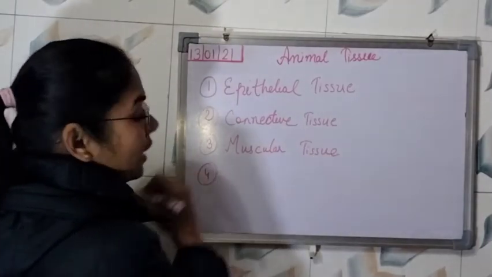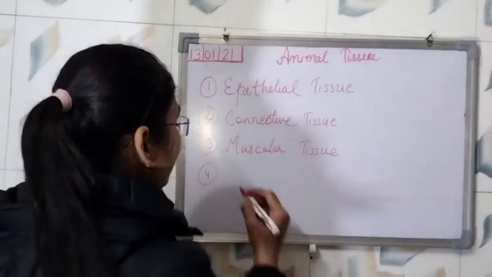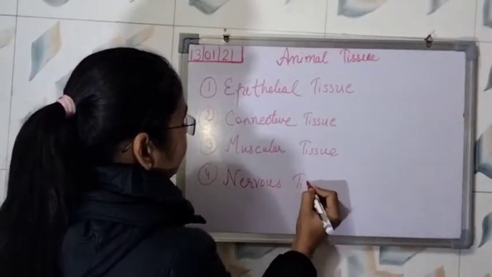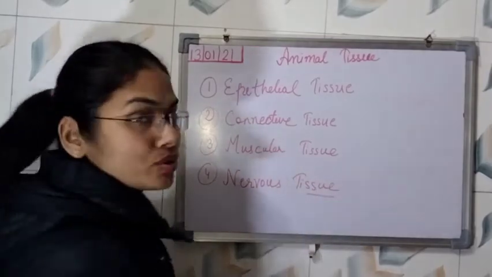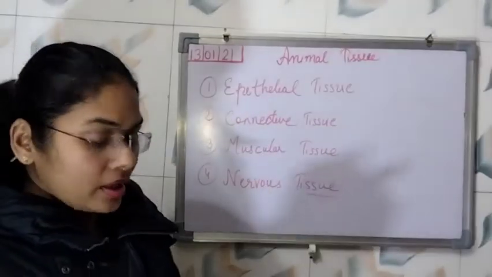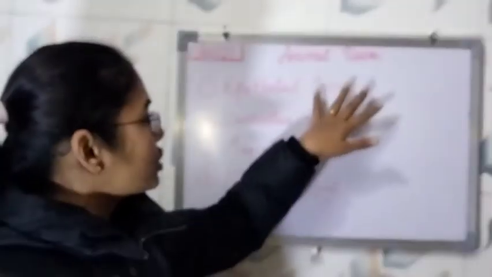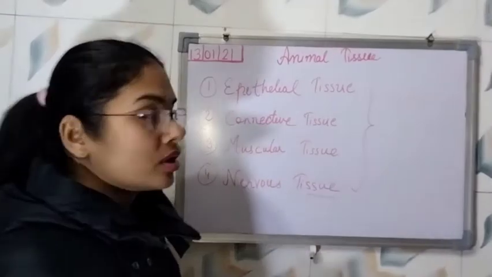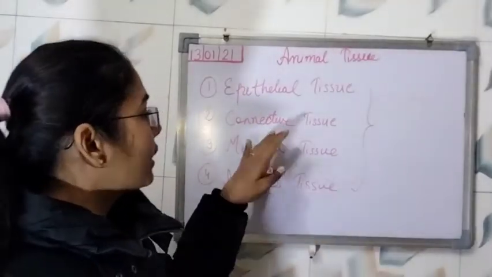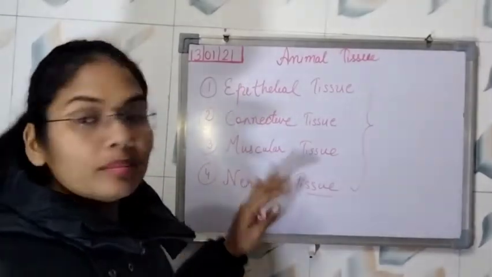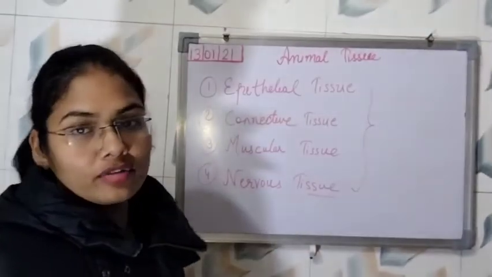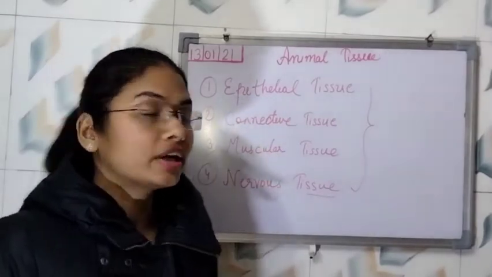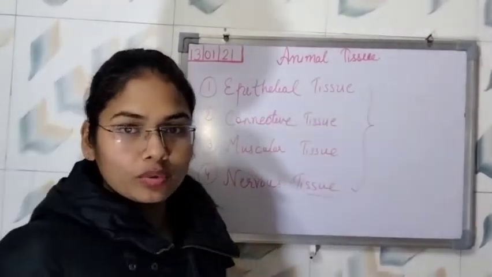And the fourth is nervous tissue, right? So in animals, the tissues are mainly divided into four parts. Today we are going to study epithelial tissue.